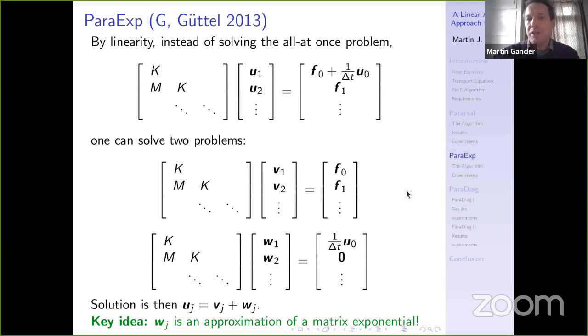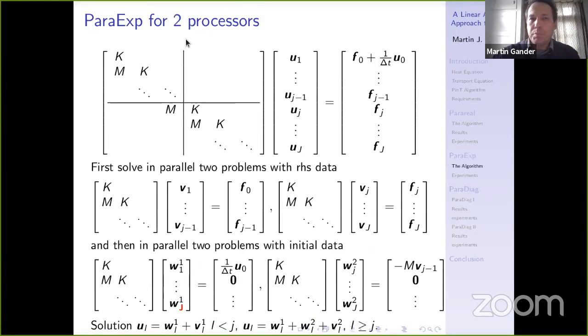So how do you get a parallel algorithm from this? We partition the all-at-once system, for example, into two systems for two processors. And then we first solve in parallel two problems that only have the F right-hand side. The first problem, which is the upper block, and the second problem, which is the lower block. So in the V's, we have now all the information of the right-hand side.